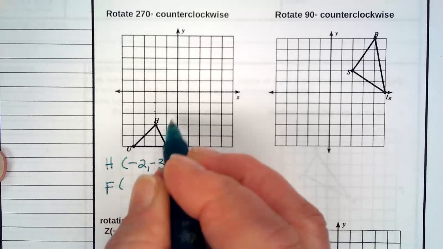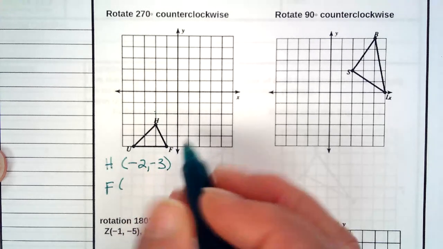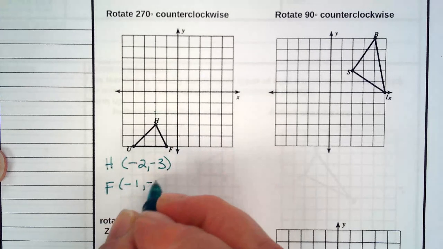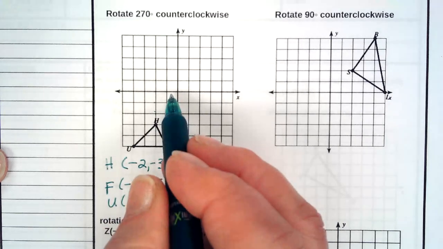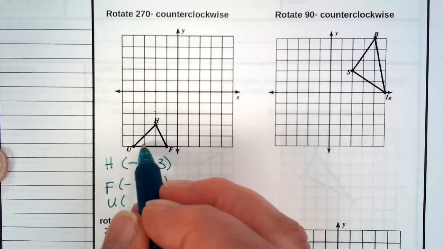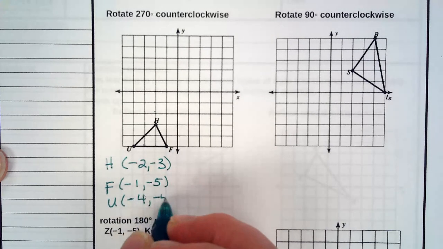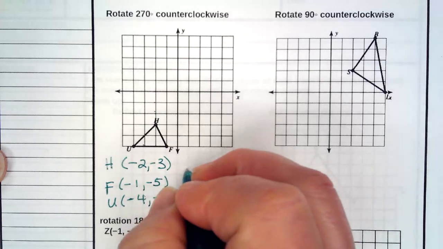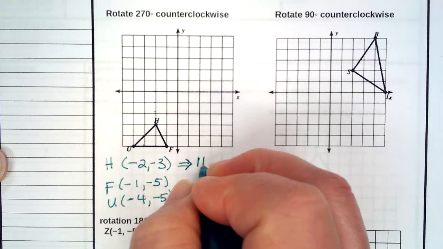F is -1, -5. And U is the point -1, 2, 3, 4. And this will also be -5. So this is mapped onto H prime.